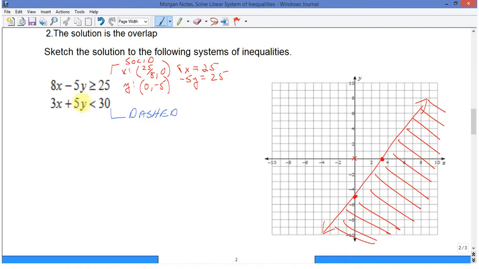If I set y equal to 0, the x-intercept would be 10. If I set x equal to 0, y would be equal to 6. Let's go ahead and plot that. 0, 6, and 10, 0. It's a dashed line.